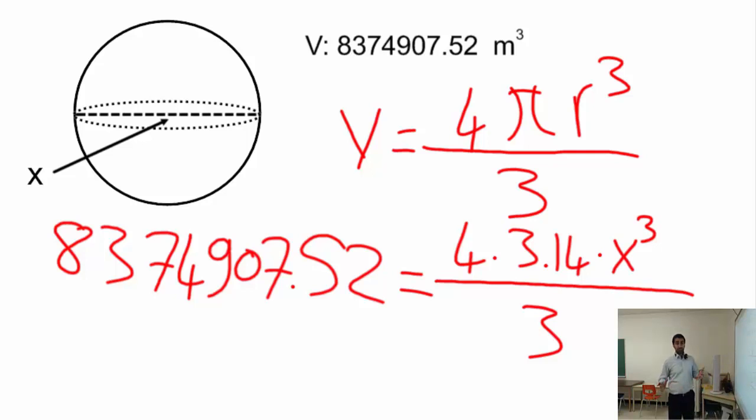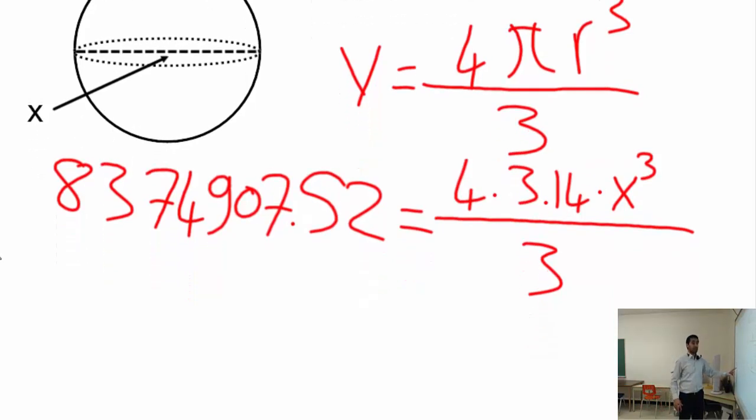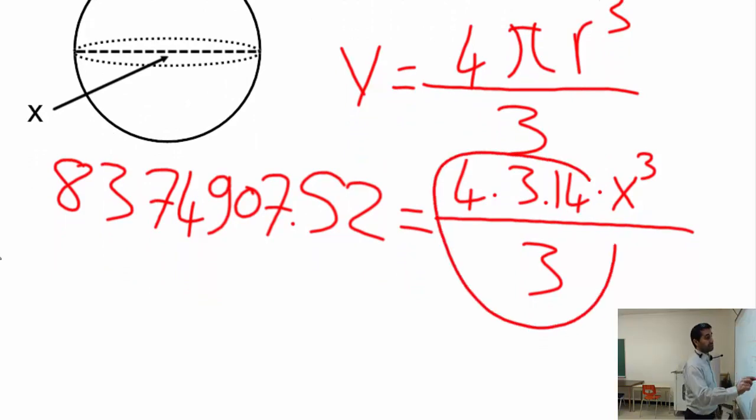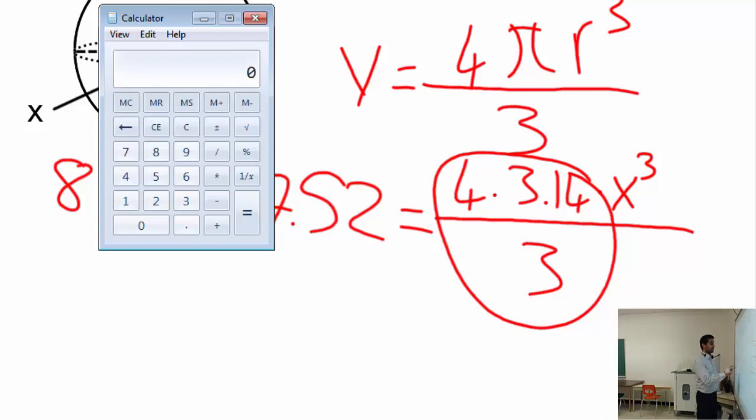Now let's send those numbers to the other side, and we continue from there. Remember, I always say organize this side first. But when you organize the right side, which is 4 times 3.14 divided by 3, you will get a number that goes on and on and on.